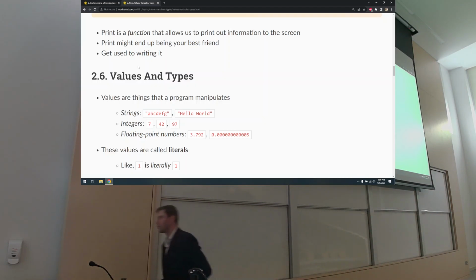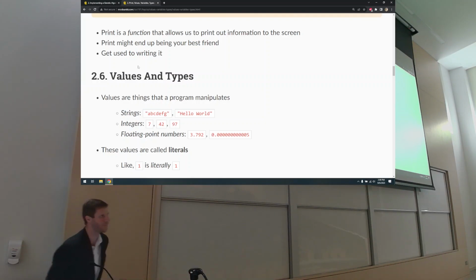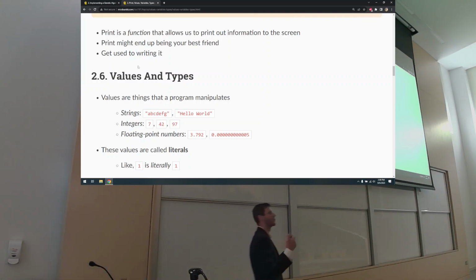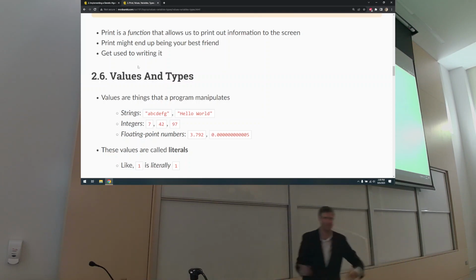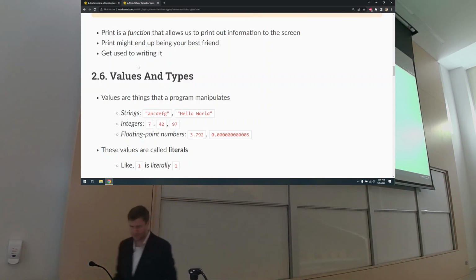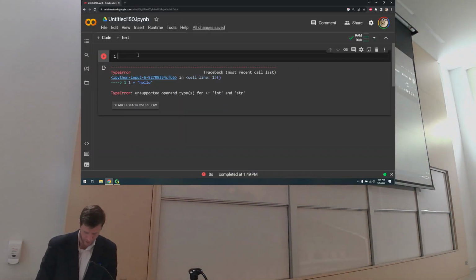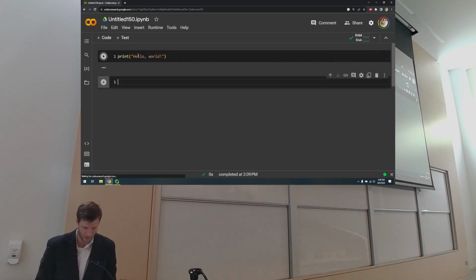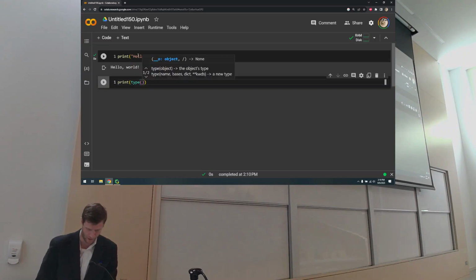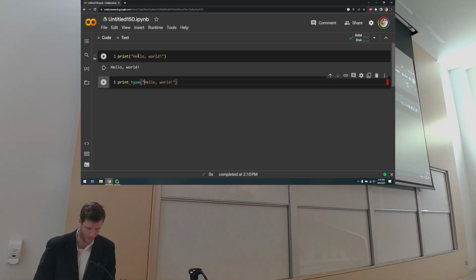And that value had a type, and its type was string. And you can actually find out the type of something. So I said print hello world. Great. I can also do print the type of, actually we can get rid of that print just for demonstration purposes.